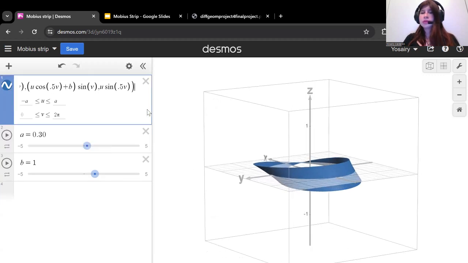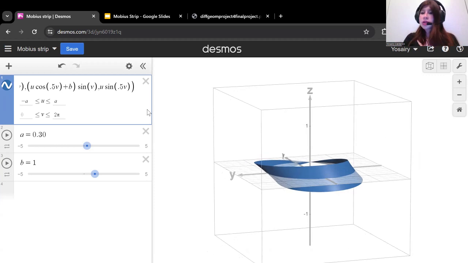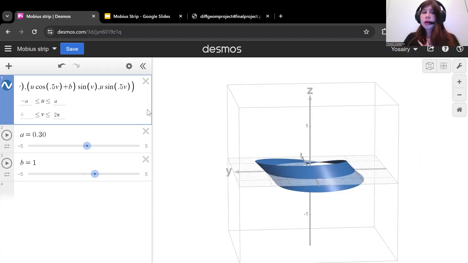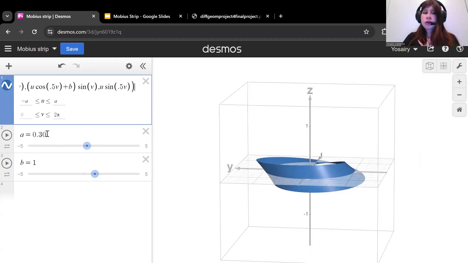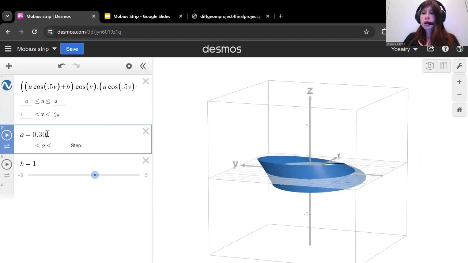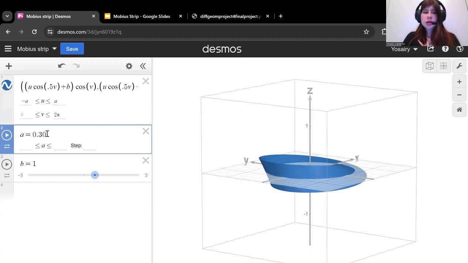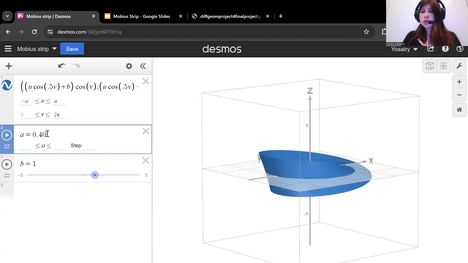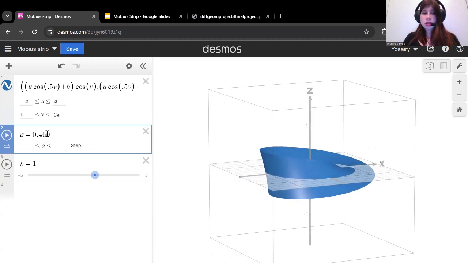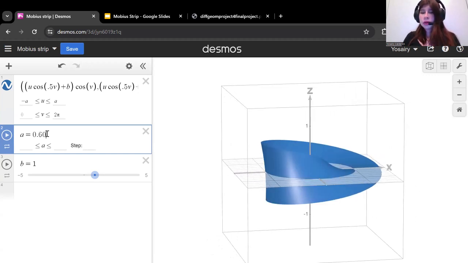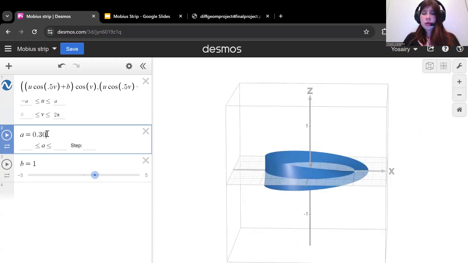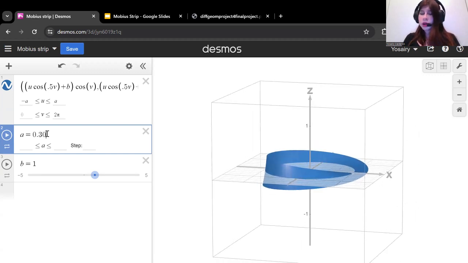This is the Desmos that I've made, and if you notice, if I change A, the strip is very long from the sides. If I did it to like 40, it's wider, and you can see that vice versa when I'm typing certain values, but it's best at around 0.30.